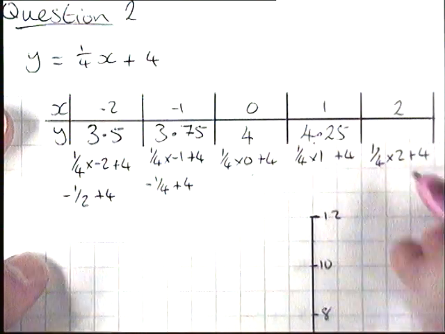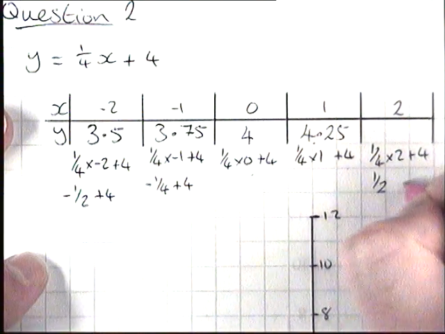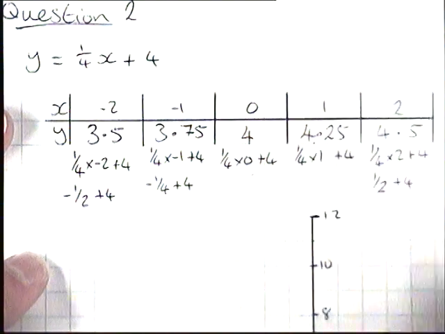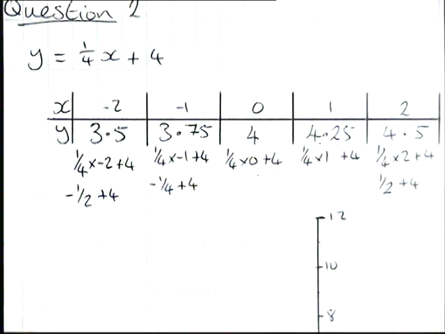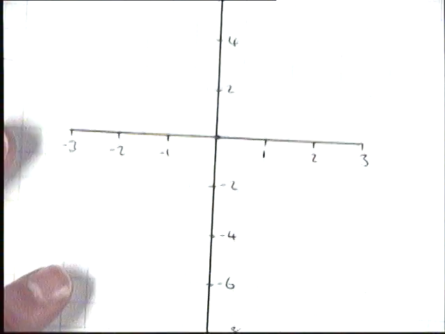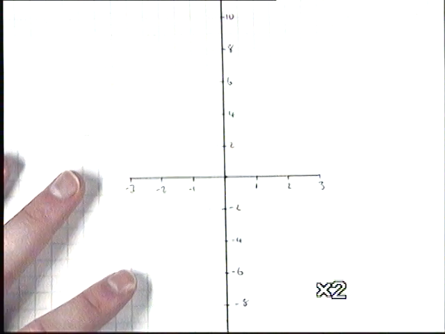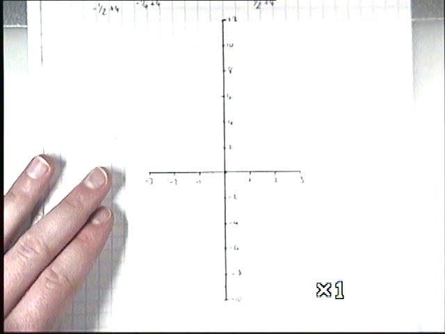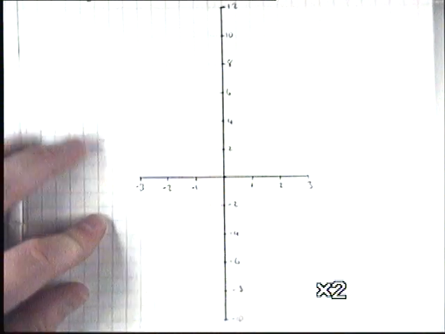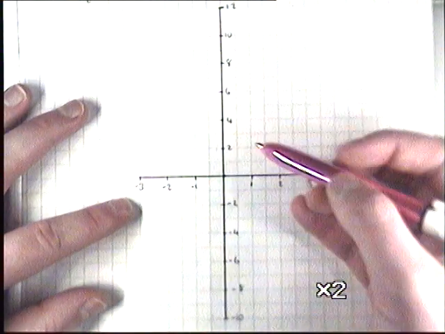Quarter times 2 is just a half. Plus 4 is 4 1/2. So we can then use those coordinates to plot on our axes. And again, your axes may be slightly different, but as long as you've got those y values, make sure you've plotted them as accurately as you can on the axes that you've got.